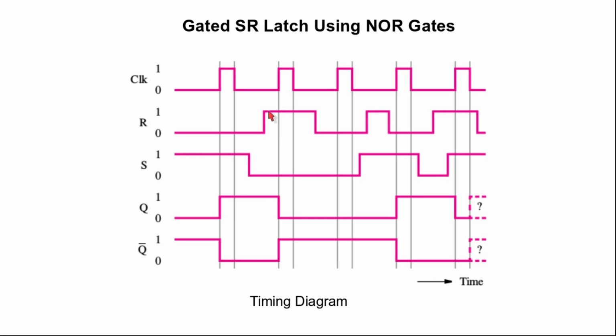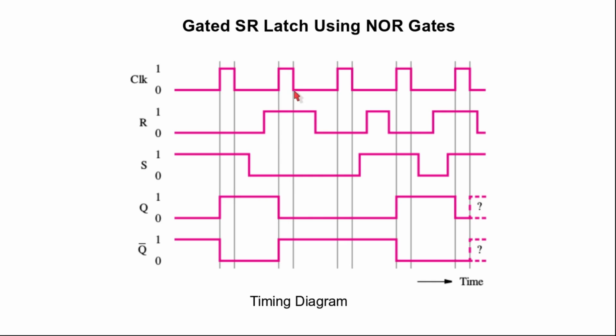When R is going to 1, we don't see any change to Q. That's because clock is 0. At this point when clock is 1, at the time R is 1 and S is 0, so we will go to the reset state and hence Q is changing to 0 and Q prime is changing to 1.